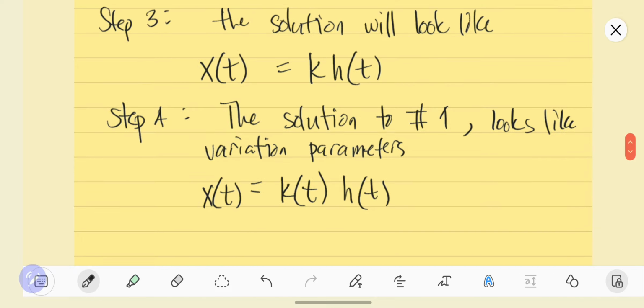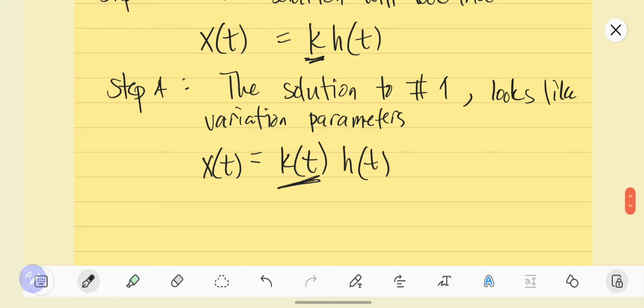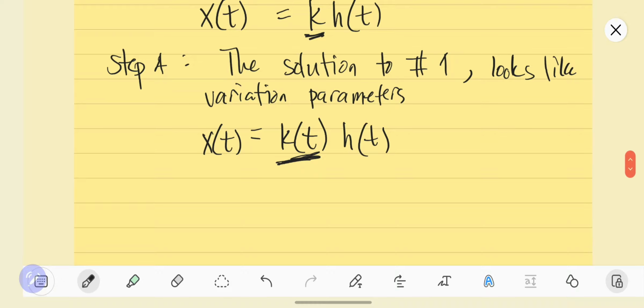The constant that you get in step 3, you let it vary with t, or the time. That's your step 4. Then step 5, after you let the constant vary with the parameter, like the time, you substitute number 4 into number 1.